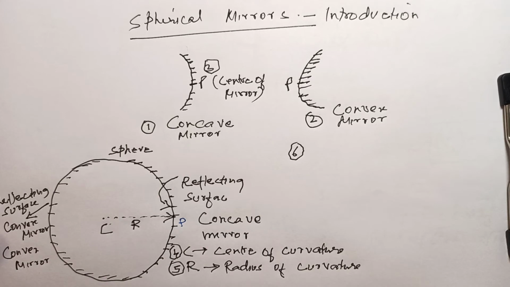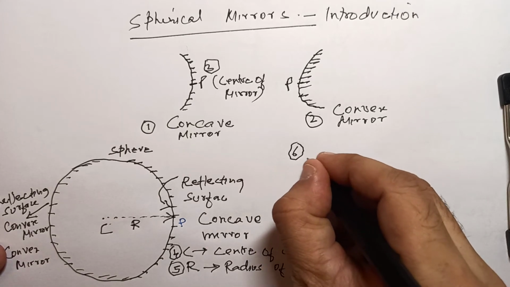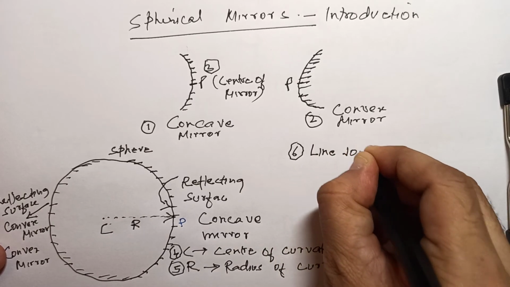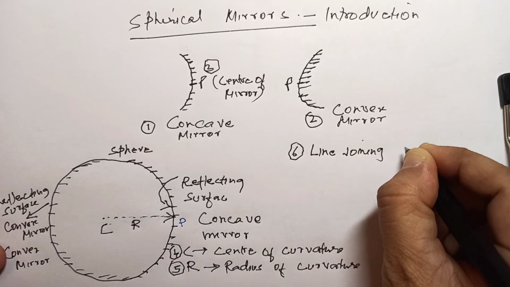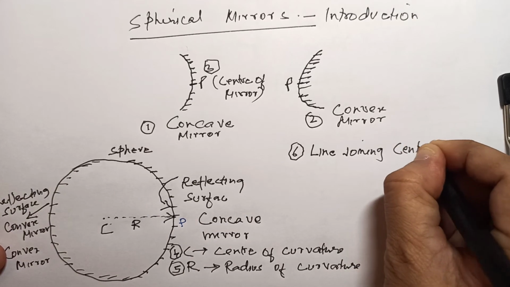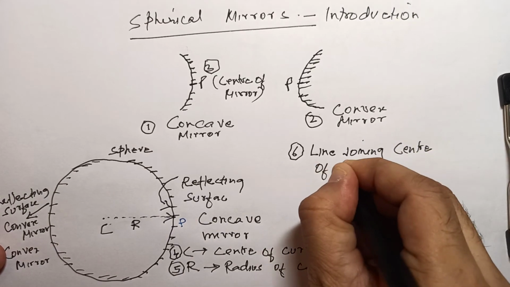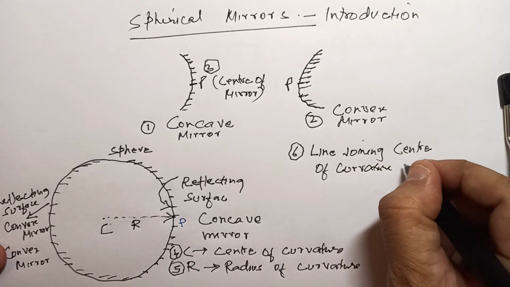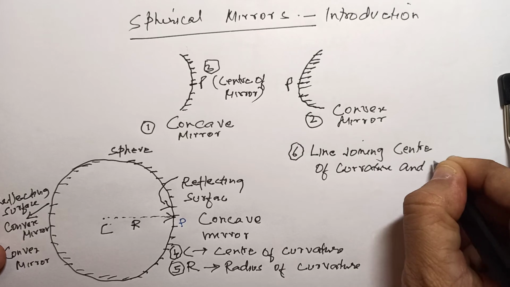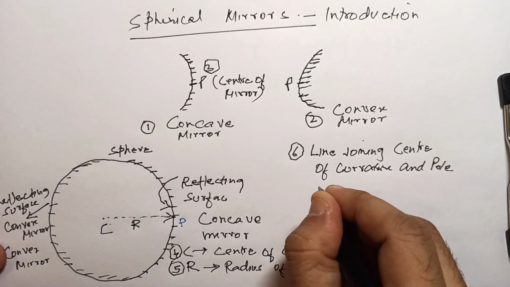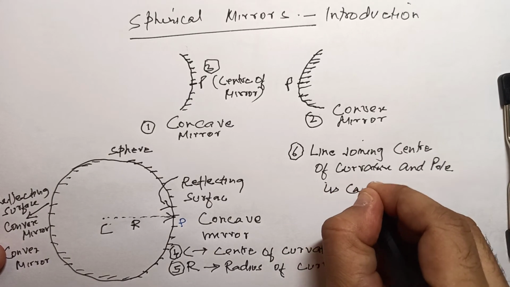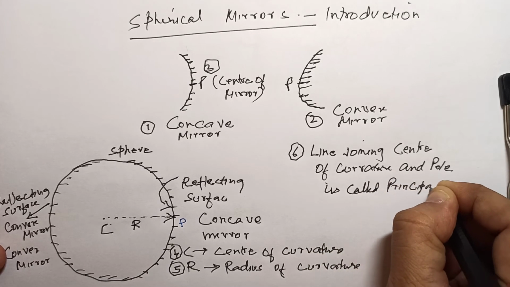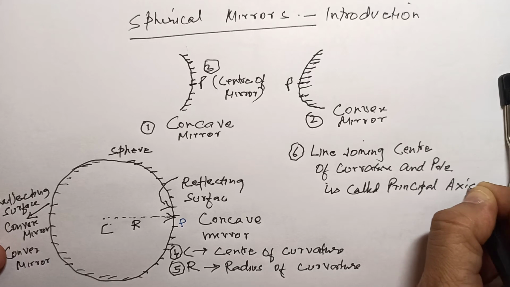So I can say the line joining center of curvature and pole is called principal axis.